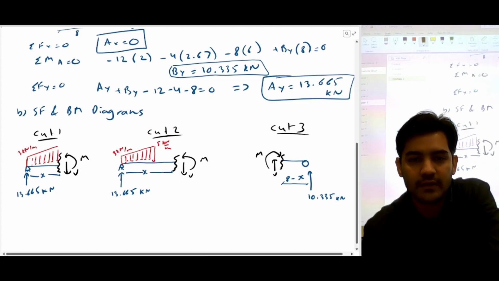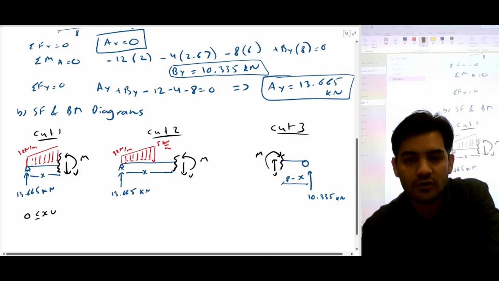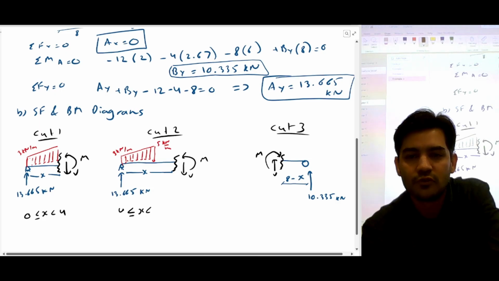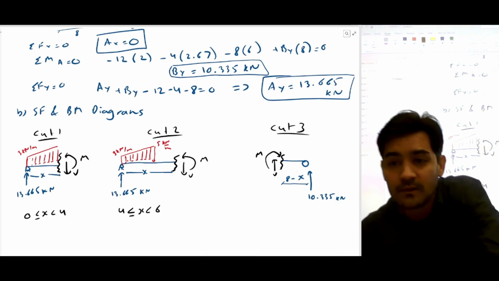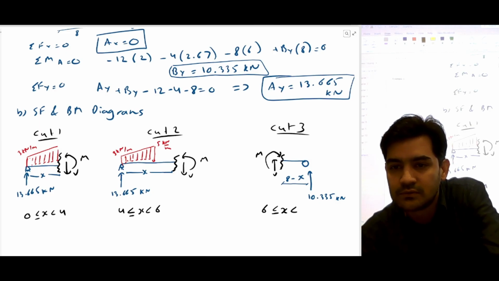I'm gonna also write this load is applicable from 0 to 4, these equations. This equation is gonna be applicable from 4 to 6, I guess. 4 to 6. This is going to be applicable from 6 to 8.